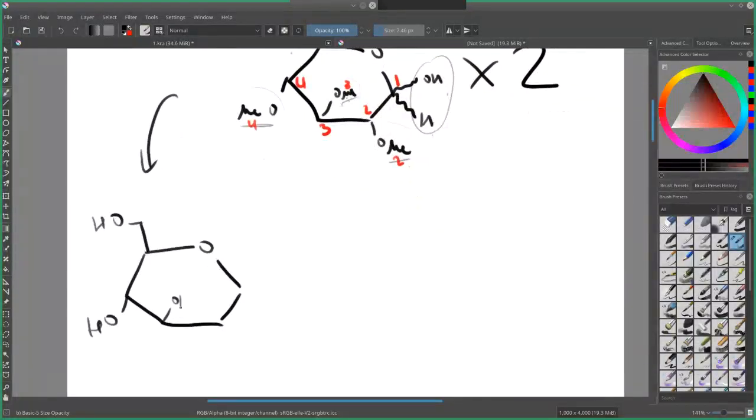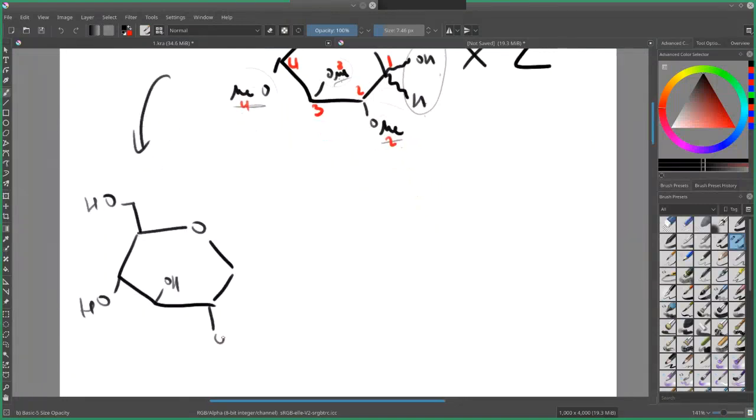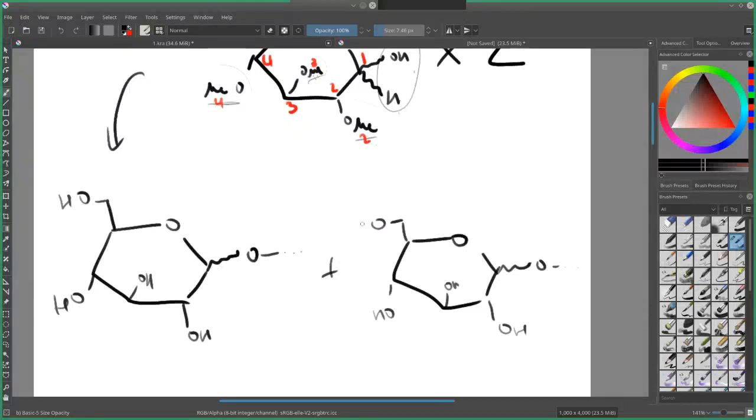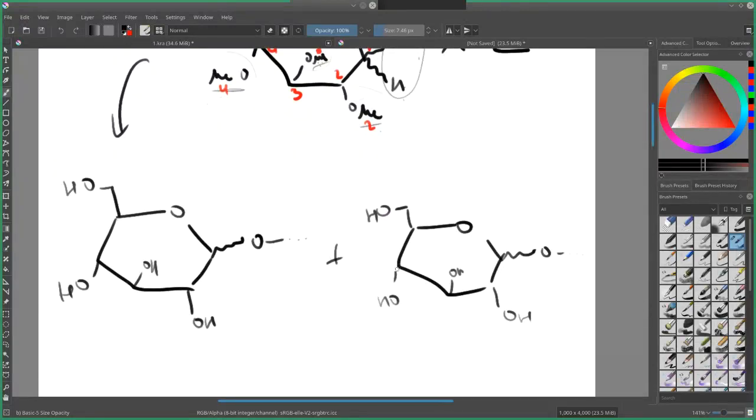Like they have hydrogens, they're not involved in bonding. And then we had another one also. Same thing. So we know that the bonding was over here on this one and over here on this one.